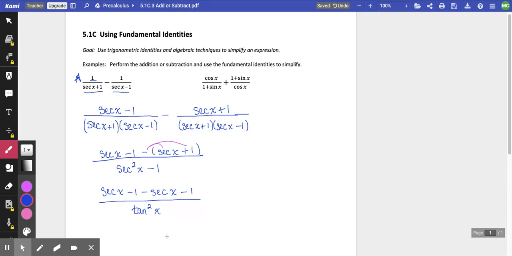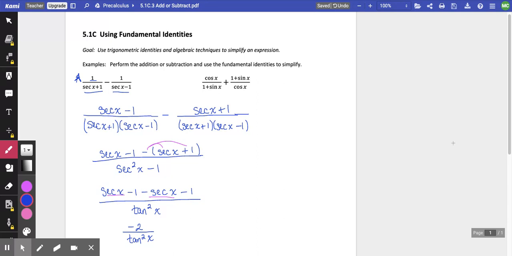Now in the numerator, I do have some like terms. So I'm going to go ahead and put those together. Secant of x minus secant of x is 0, so those are gone. Then I have a minus 1 and a minus 1, which would be a minus 2. So now I've got a negative 2 over tangent squared of x.